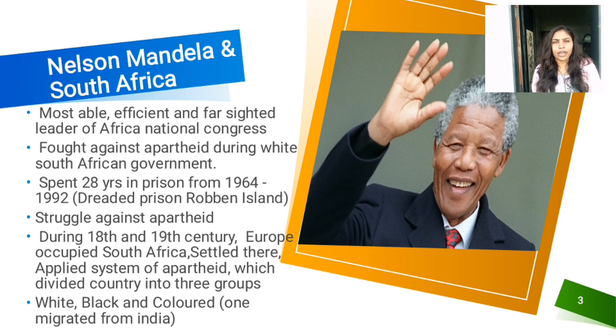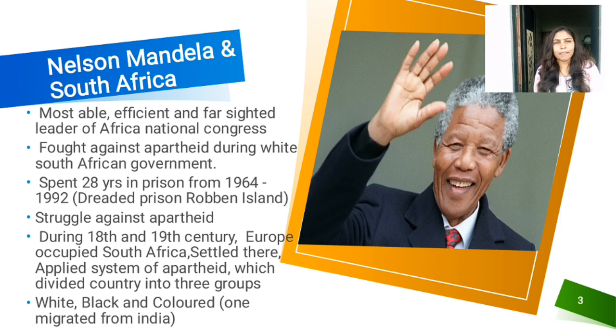In South Africa, the skin tone of people is quite black, so they discriminated against people on the basis of their skin color, and that particular system has been known as the apartheid system. Nelson Mandela was the leader fighting against this rule, and because of that the white government gave him imprisonment.